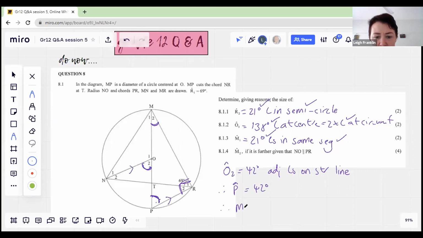So therefore, angle M2 would be equal to 180 minus 90 minus 42, which would leave us with 48, if I'm correct. And that would be sum of angles in triangle. Okay, does that make sense to everybody? Questions, queries, comments? All good.